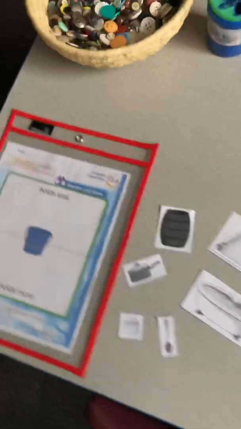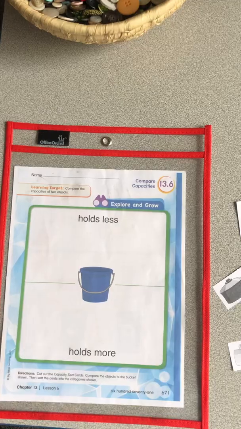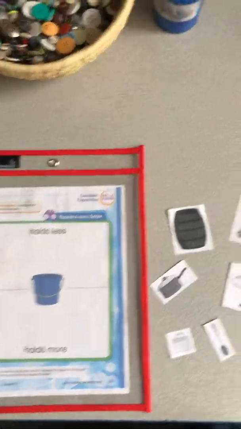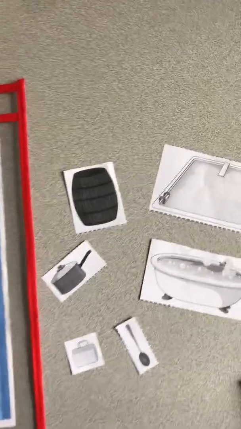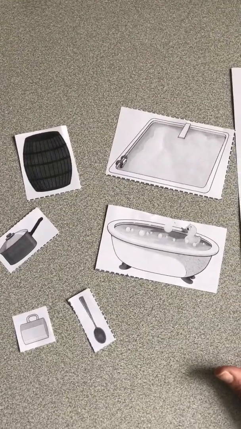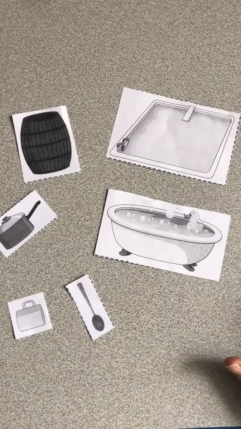So remember, capacity is just a fancy word that we use to say how much does a container hold. So take a look at your sort cards. We are going to sort them by which ones hold more and which ones hold less.